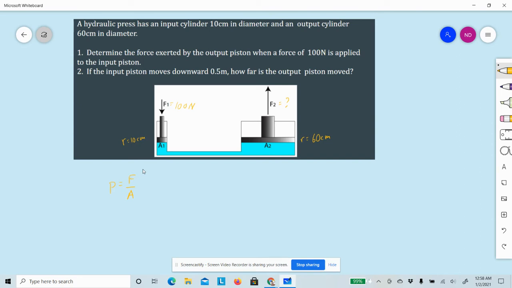Also, something very important. A hydraulic press, you need to know what it is. This whole thing is a confined fluid. What does that tell you? Oh, Pascal's principle.